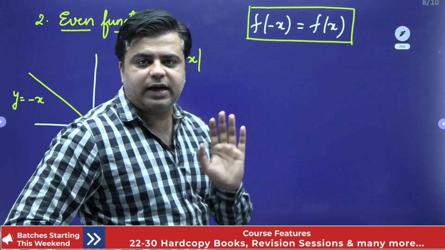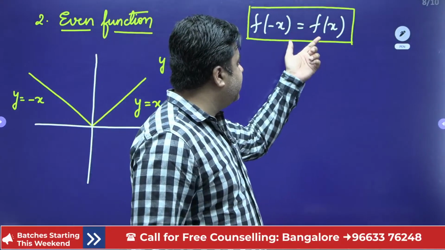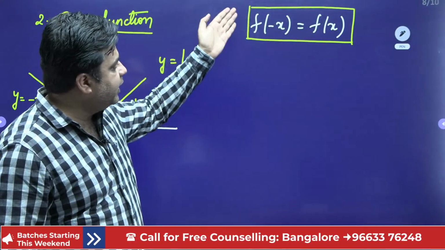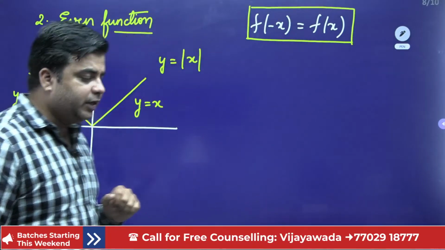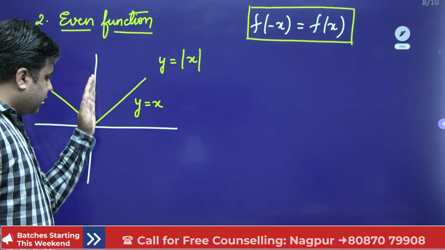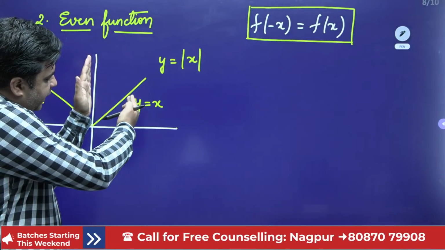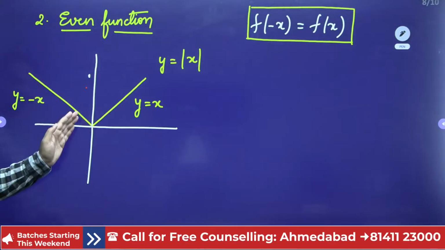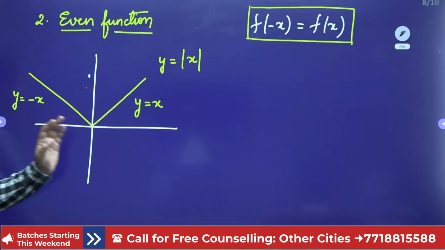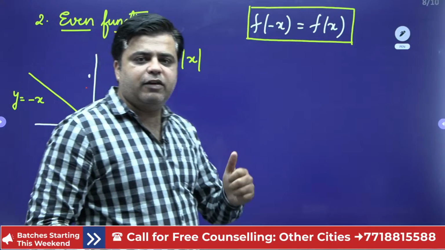As simple as that. Either you check mathematically by saying f of minus x is equal to f of x, or you place a mirror like this, and if the mirror image overlaps with the existing curve, then that function will be an even function.